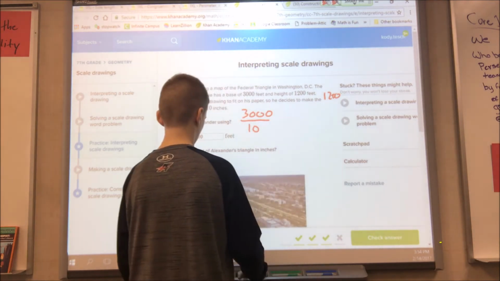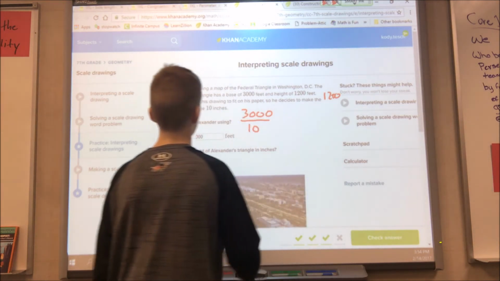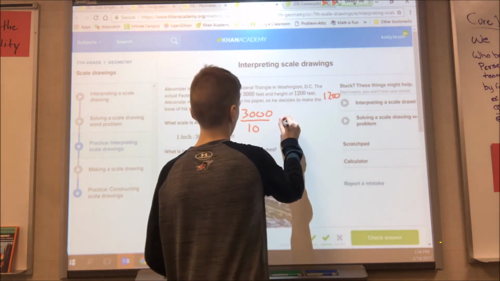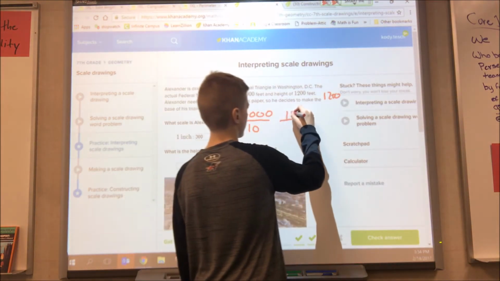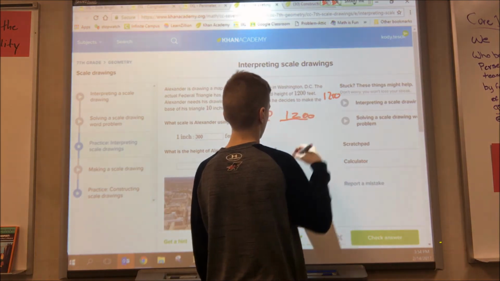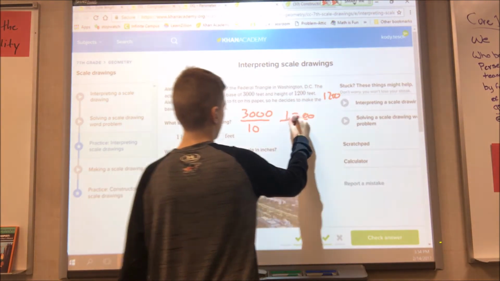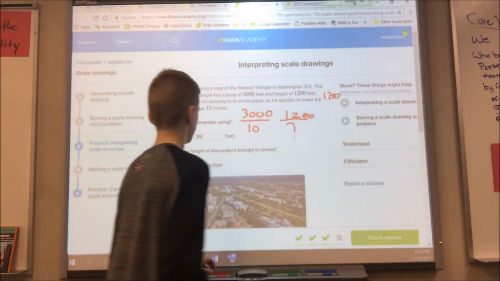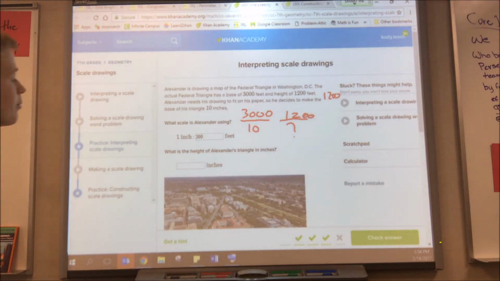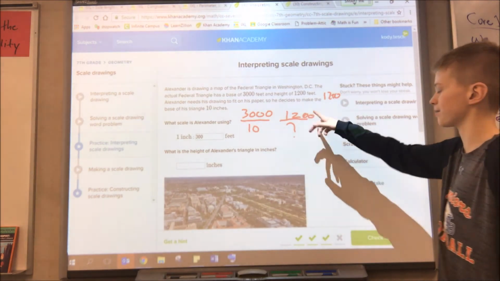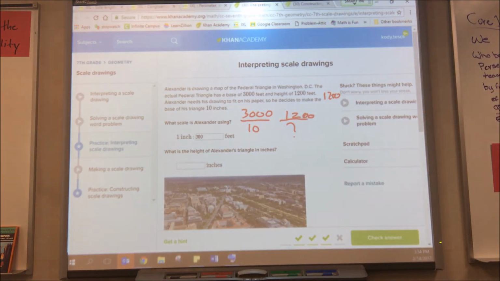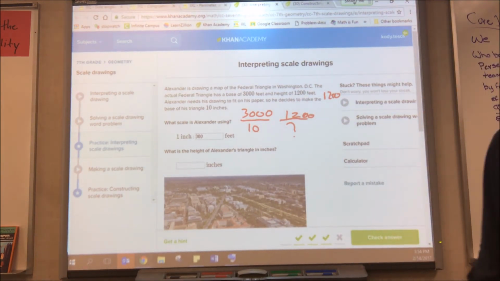And then we're having a proportion, and we're taking 1,200 for the height, and we're trying to figure out what goes here because we don't know how high he made his triangle.